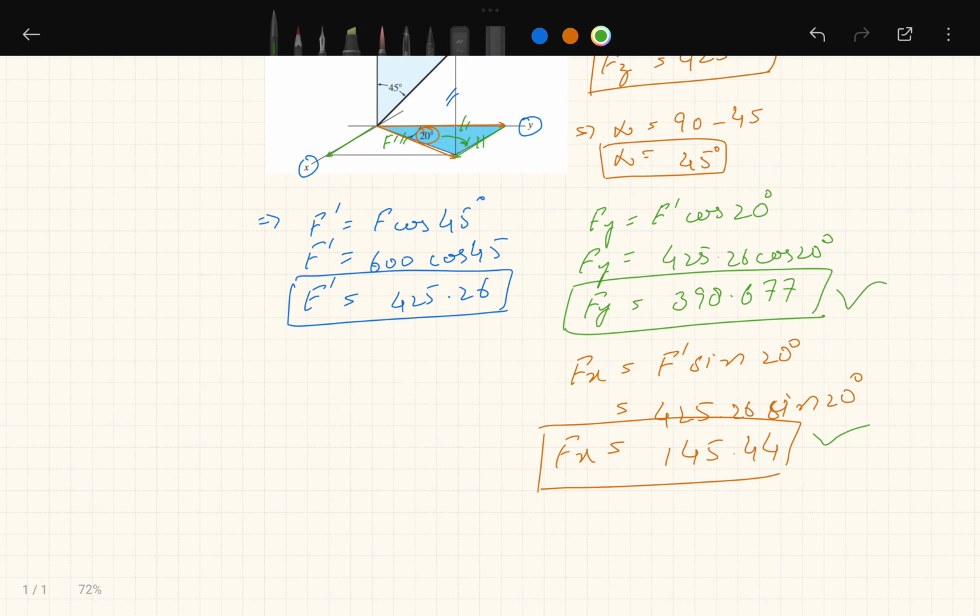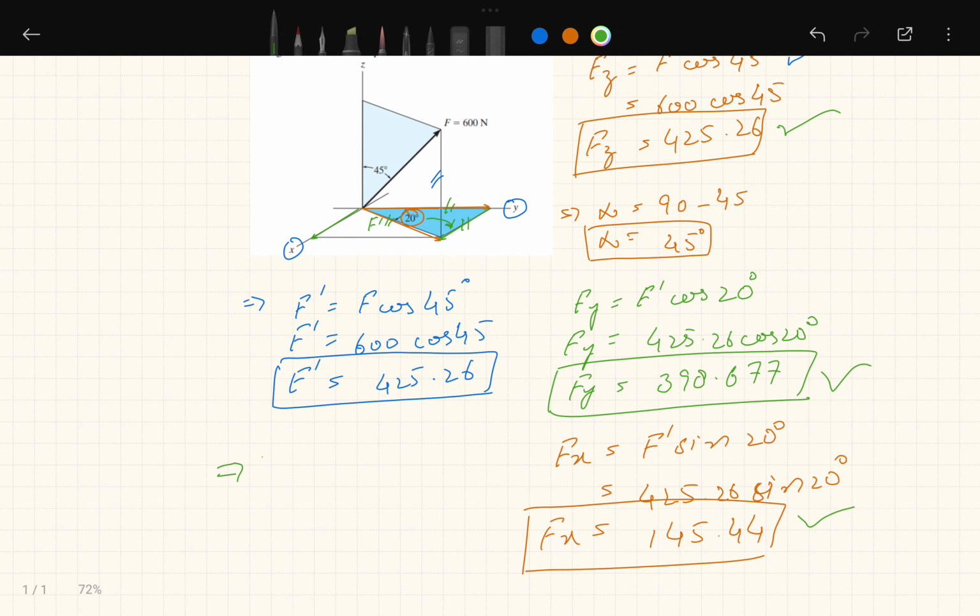Now we can represent them in the form of a vector as well. So your F will be equal to Fx i plus Fy j plus Fz k. That is how the vectors are represented.